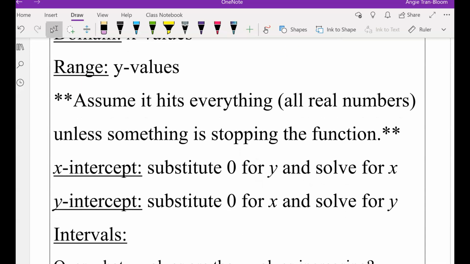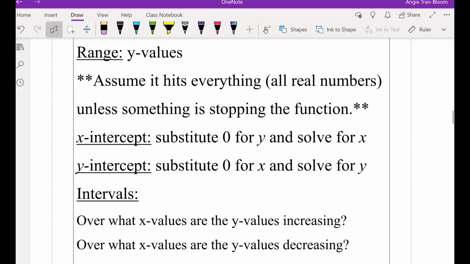X and y-intercept, we just got done doing that. So if you're looking for an x-intercept, what do we substitute 0 for? Y. We substitute 0 for y and solve for x. Similarly for y-intercept, if we are looking for the y-intercept, we substitute 0 for x and then solve for y.